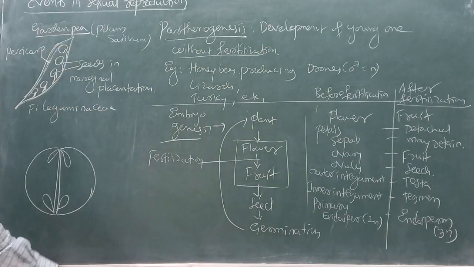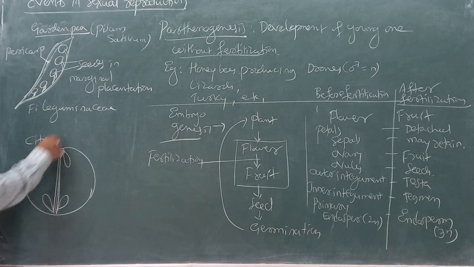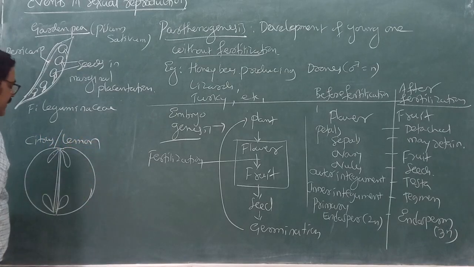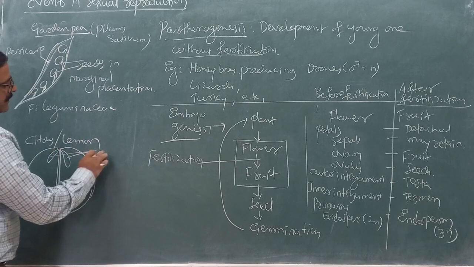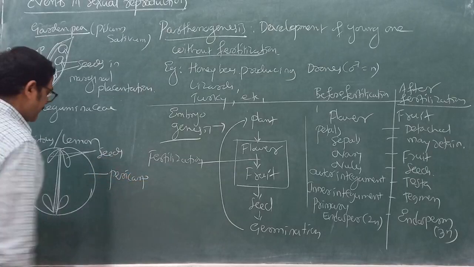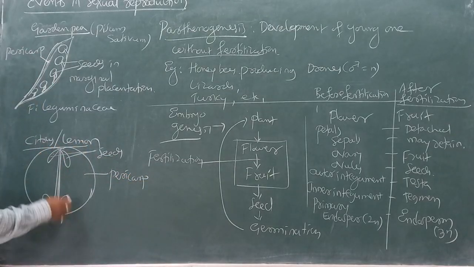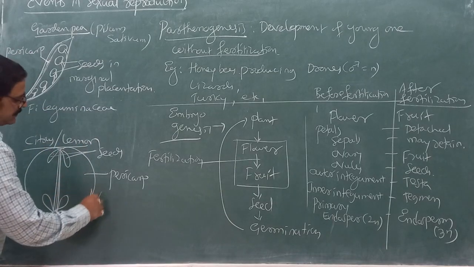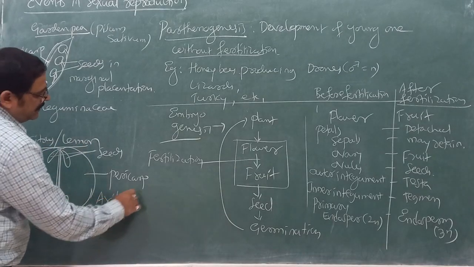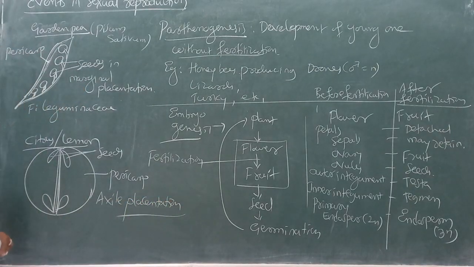There is the presence of an axis, axile placentation. So it is a citrus or lemon, and these are the seeds and pericarp. Lemon shows axile placentation, and it belongs to the family Rutaceae.